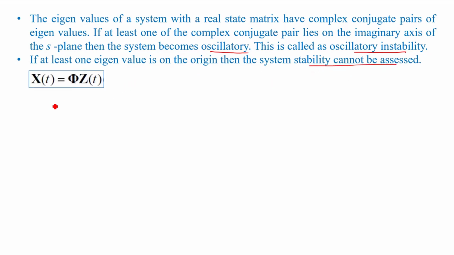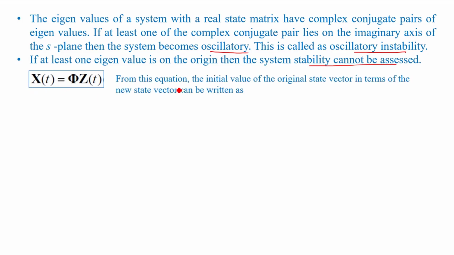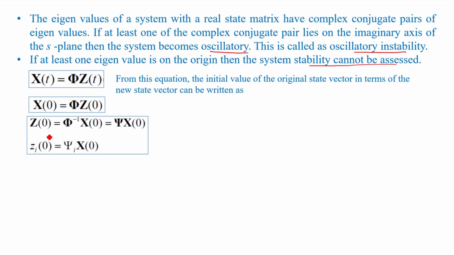Therefore, we know x(t) is equal to phi of z(t). From this equation, the initial value of the original state vector in terms of the new state vector can be written. I can write x(0) equal to phi of z(0). So z(0) is equal to phi inverse x(0).